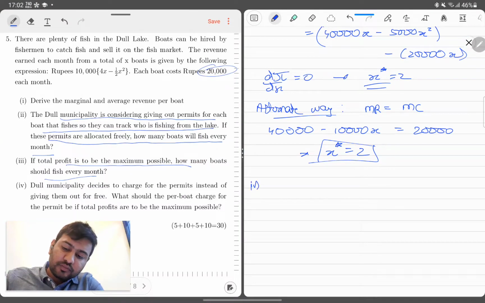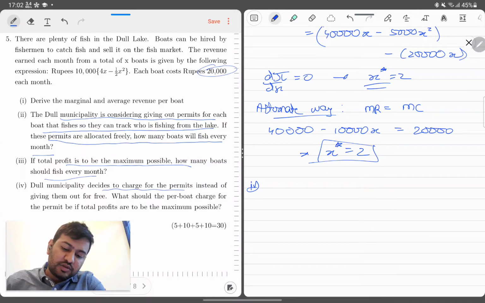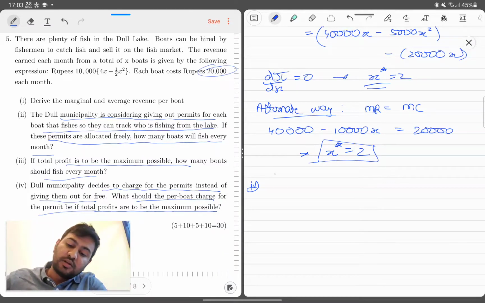Now let's look at the fourth part. In the fourth part, the municipality decides to charge for permits instead of giving them out for free. What should be the per boat charge for the permit if the total profits are to be the maximum possible? Okay, so the municipality wants to restrict the entry of firms.